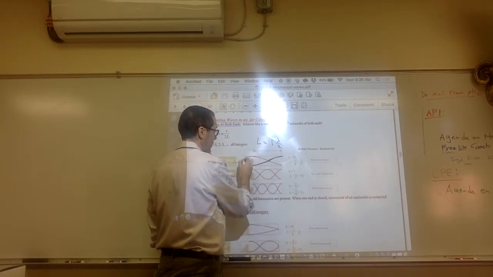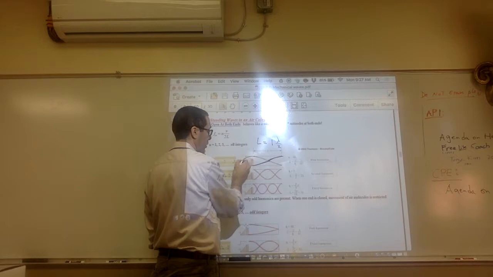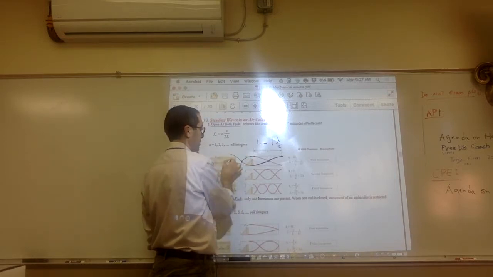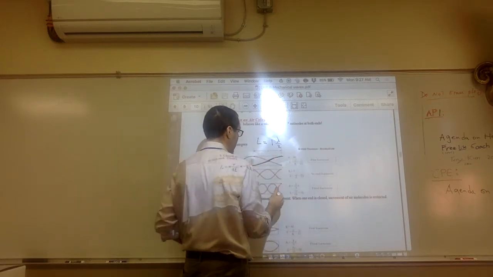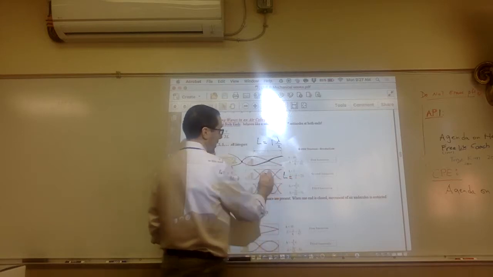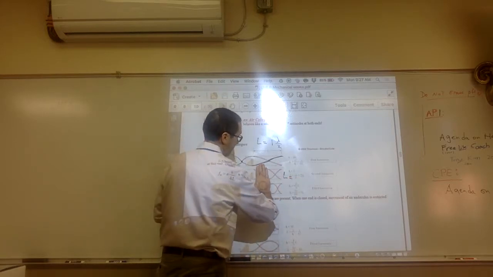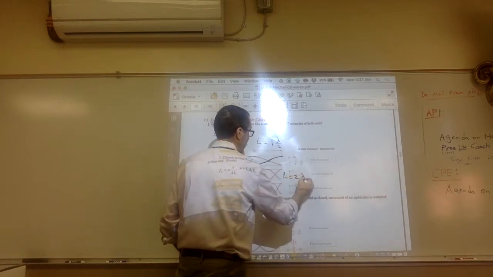In order to get the next harmonic that's open at both ends, if you continue with this, assuming that you keep the length the same, you're going to close it here. So you can't just add a quarter. A quarter will close it here. You have to add 2 quarters so that it stays open at both ends. So for the next one, L should be, you have half there, and you have to add another half, so you have 2 halves.